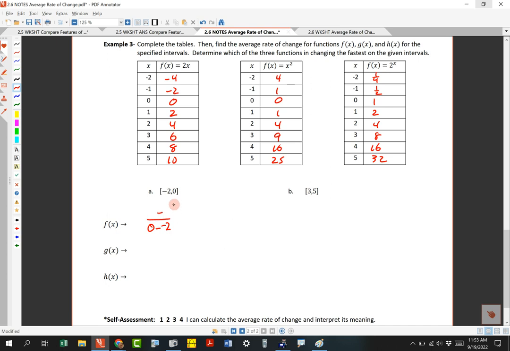On the top, I'm going to find f of 0, which is 0, minus f of -2, which is -4, which ends up being a 4 on the top and a 2 on the bottom, and I end up with a 2. So that is the average rate of change between those 2 points on that interval.